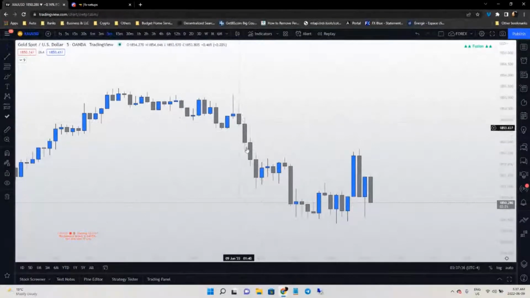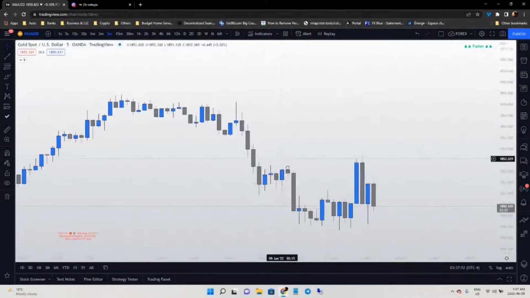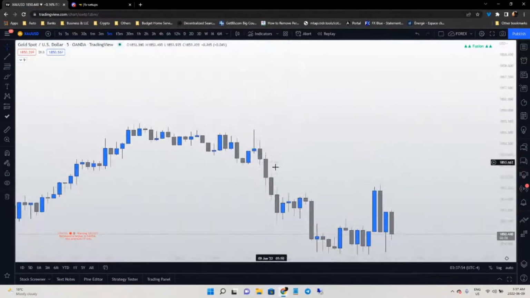This is called imbalance in the market. If you have multiple candles, 3 or 4 or 5 candles, going in the same direction, regardless of the time frame, you know that the market needs to fill it up before doing the next move.